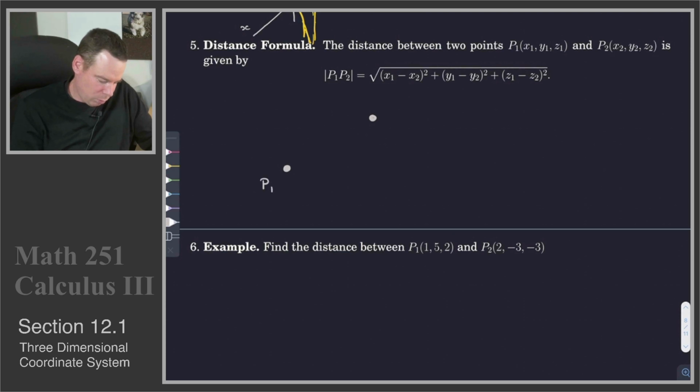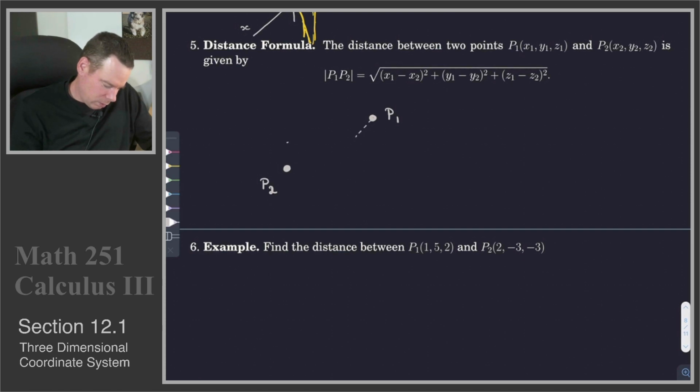So if I let this be point P1, maybe I'll say that's P2 and this is P1. It really makes no difference, but I'll call the upper one P1 and the lower one P2. Then what I'm going to do is draw a rectangular box that has these points at opposite ends.